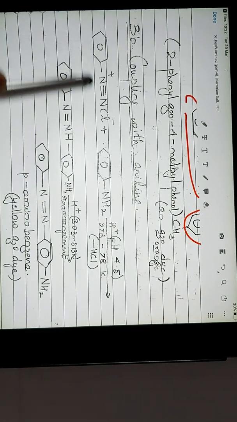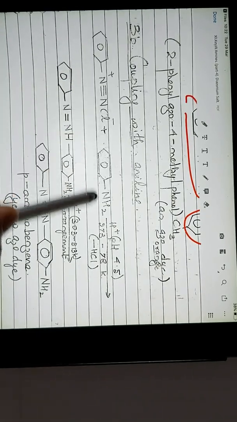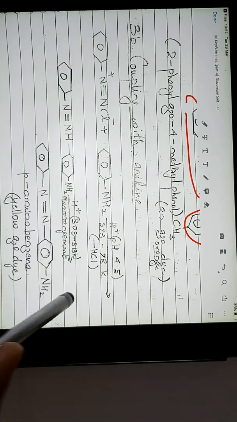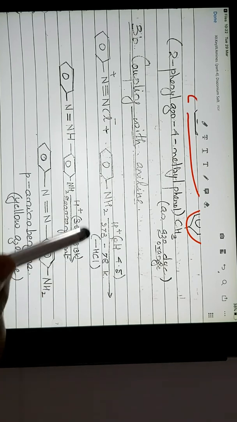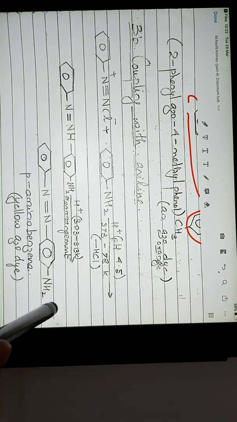When we consider aniline, this is the azo group and this is the aniline. This reaction is preferred to take place in acidic medium. You can see pH is maintained less than 7, that is 4.5. Here the reaction takes place and an intermediate product is first formed, which again gets rearranged.